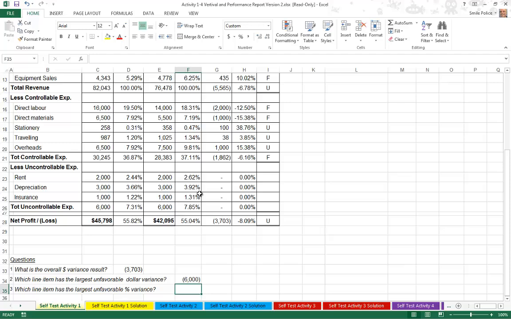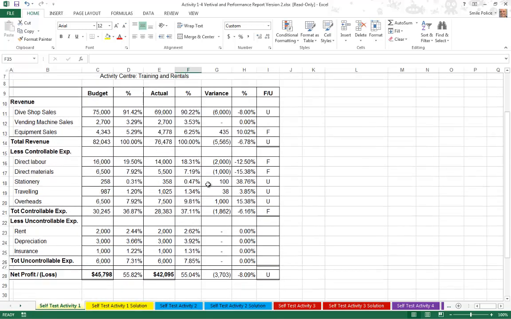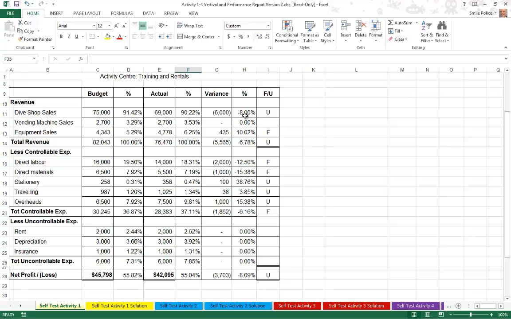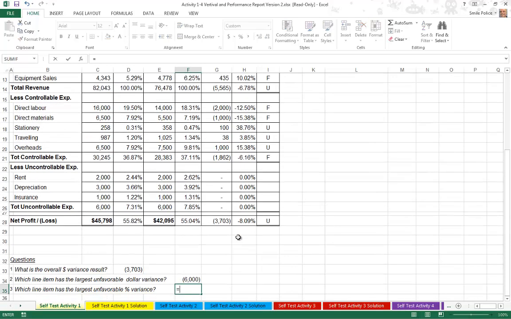Which line item has the largest unfavorable percentage? That's only got 8%. That's got a 6.0. That's got a 38%. 3, 5, so 38 is the winner. 38%, yeah, stationery.